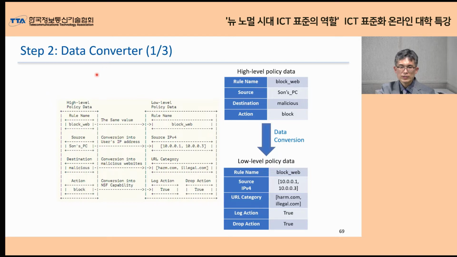The second step is data conversion, where high-level policy data are translated into low-level policy data: son's PC is translated into the IP addresses of my son's PC, and malicious is translated into specific URLs, harm.com and illegal.com.